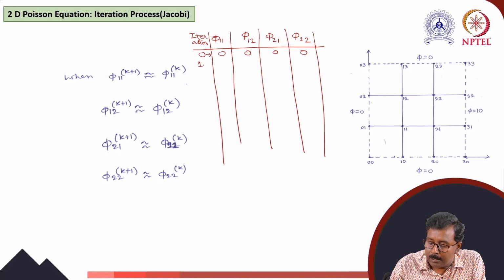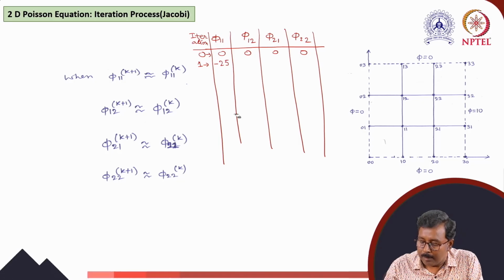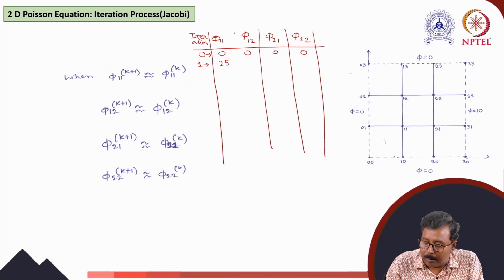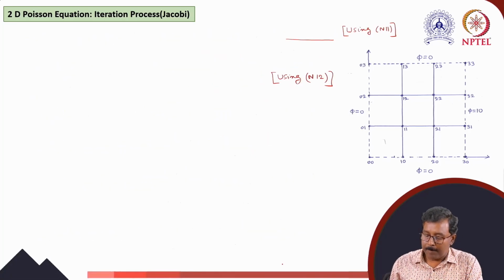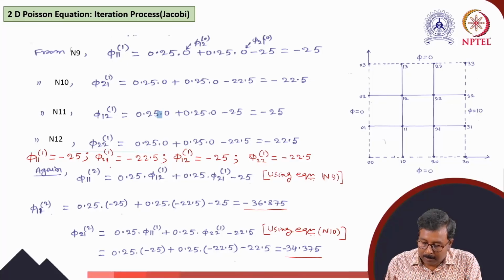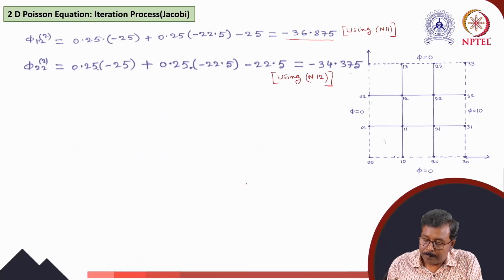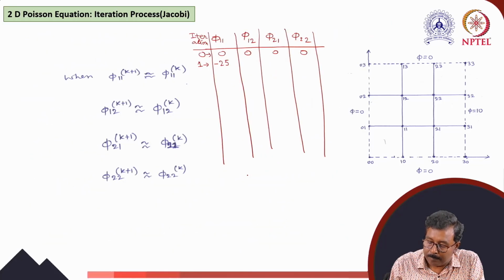First iteration: minus 25, minus 25, and for phi 2 1 and phi 2 2, minus 22.5.